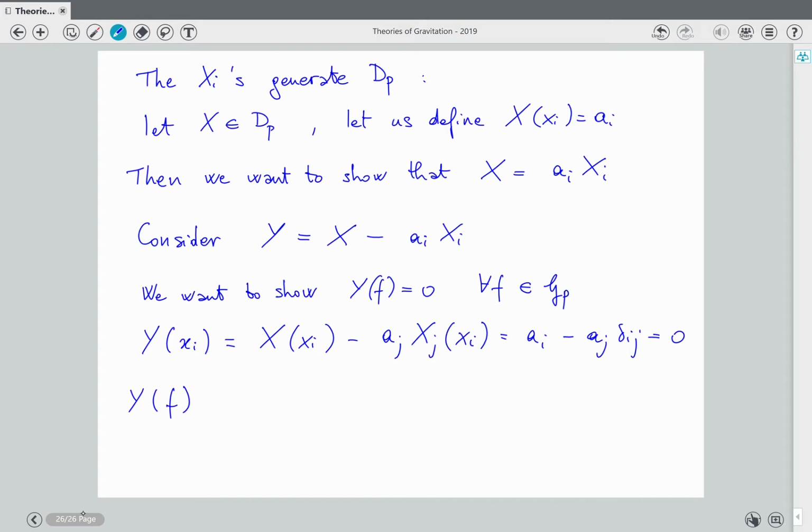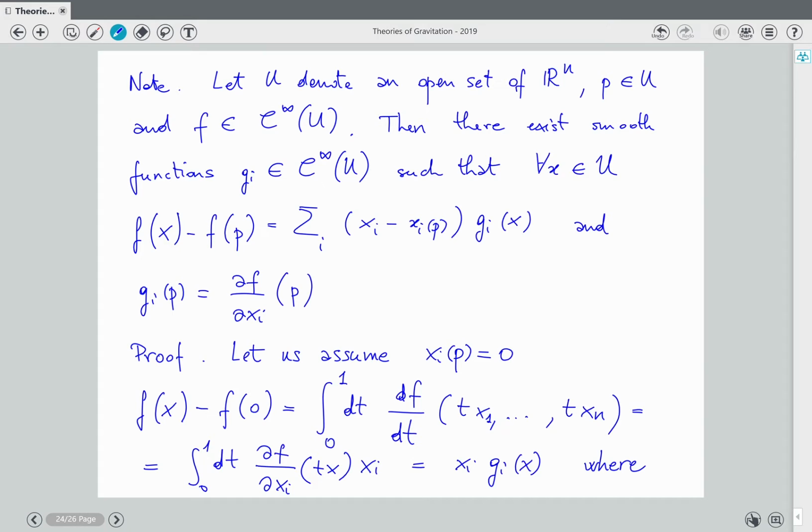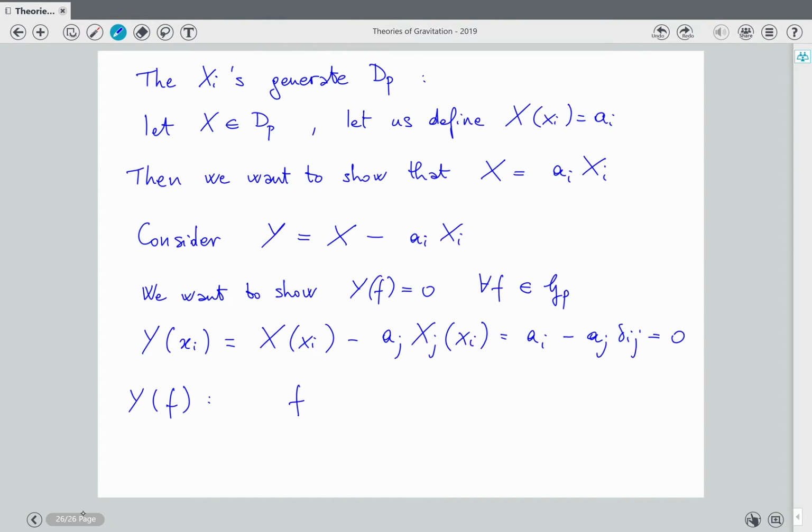y of f. And to do that, we use the theorem we proved earlier, that f of x is f of p. We move f of p to the right-hand side, so f of x is equal to f of p plus sum xi minus xi of p gi of x.